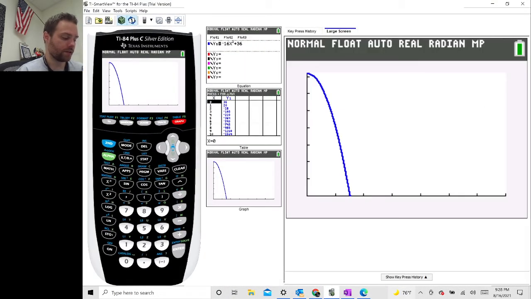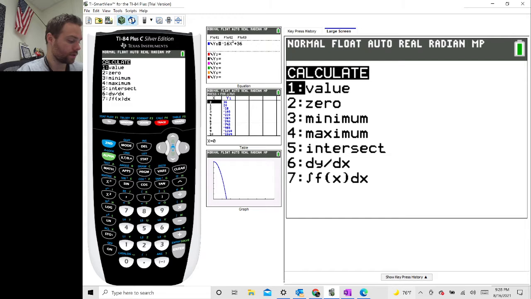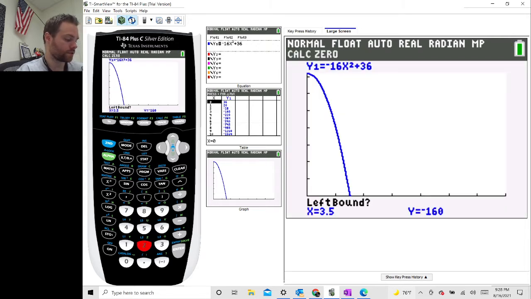And what I want to do is I want to find the x-intercept. So I'm going to go to second trace, and I want to find a 0. So I'm going to press 2. So it's going to ask for a left bound. So what I'm going to do, he's really far over.